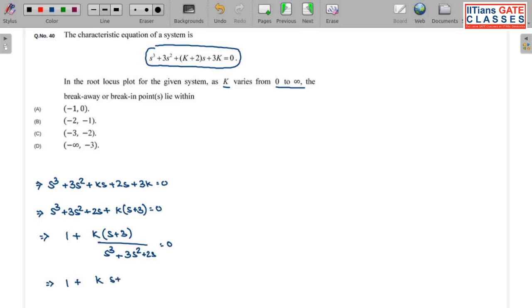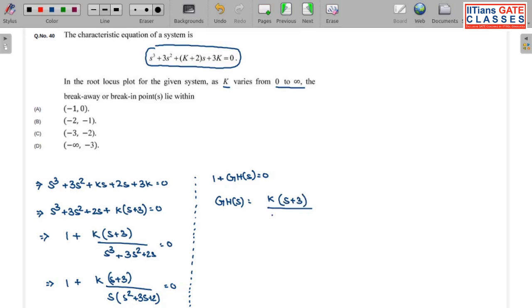K(s+3) into (s² + 3s + 2) equal to 0. Now you can check, this is in the form 1 + G(s)H(s) = 0, where I can say my G(s)H(s) is equal to K(s+3) divided by s.